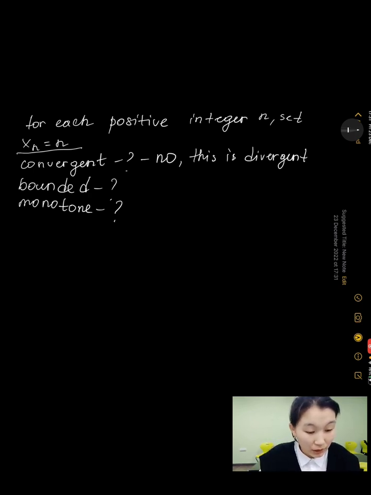Is the sequence bounded? Again, for essentially the same reason, it heads off to the right with no bound on it, so it's not bounded, it's unbounded. Finally, is the sequence xn monotone? That means all of the terms go in the same direction.